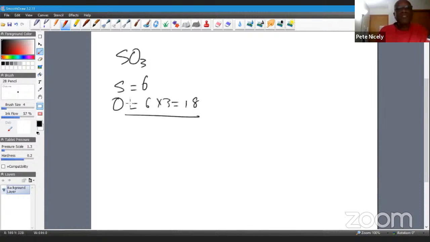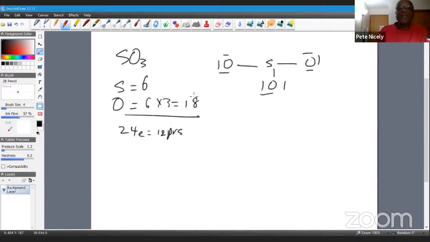So this gives you a grand total of 24 electrons, which is equal to 12 pairs. So we put the sulfur in the middle, surrounded with the oxygens. All right, and then we put the bonding pairs, 1, 2, 3, and then the non-bonding pairs, 4, 5, 6, 7, 8, 9, 10, 11, 12.